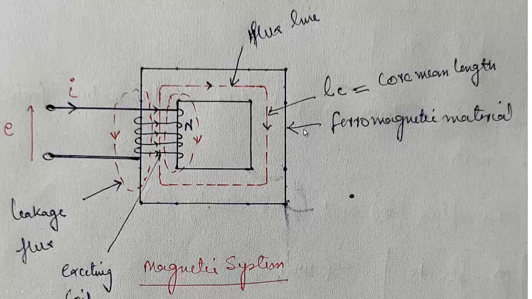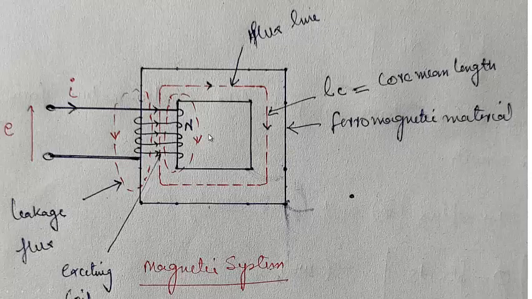So we consider the length of the flux line to be this one, which is at the middle of this, and it is known as the core mean length, or mean flux line, because its length will definitely be the mean between this and this.